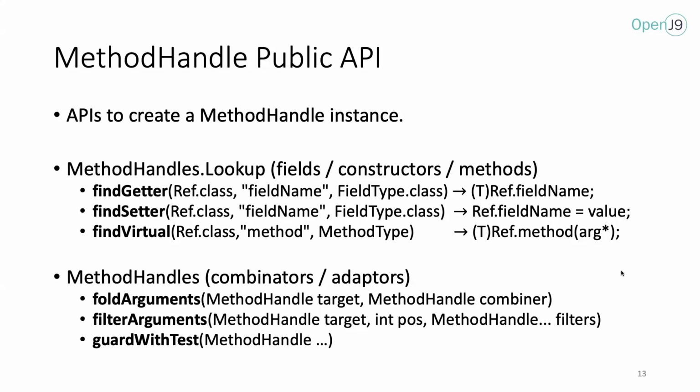And then there are other more advanced operations you can do, like combinations, and they include foldArguments, filterArguments, and guardWithTest. And we'll briefly go over what some of these do so that you get a better understanding.